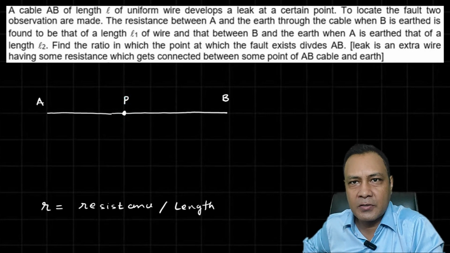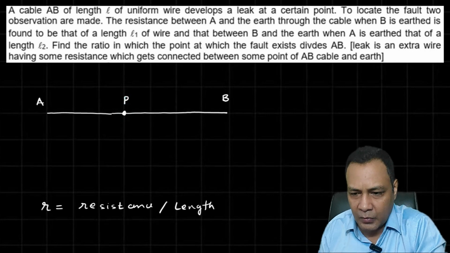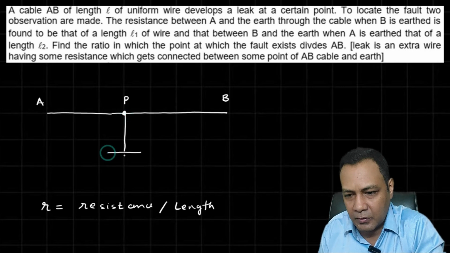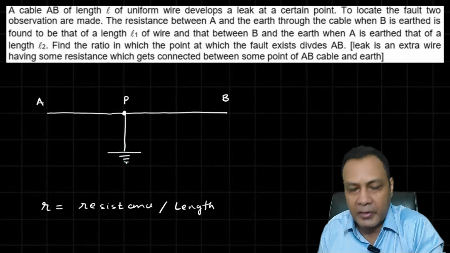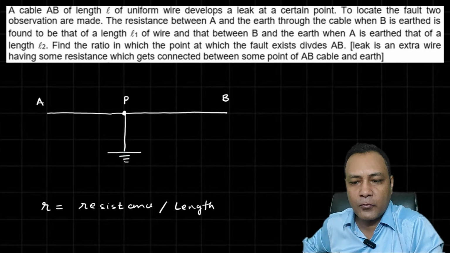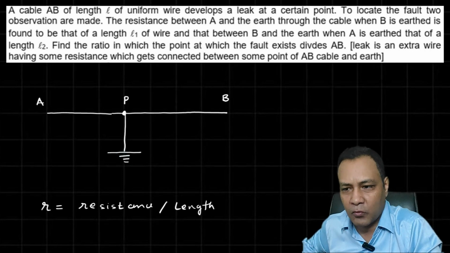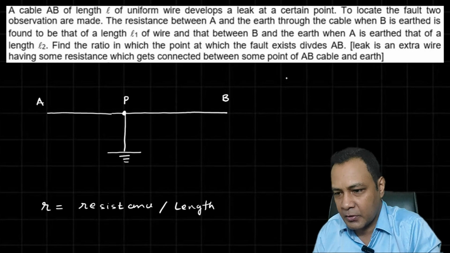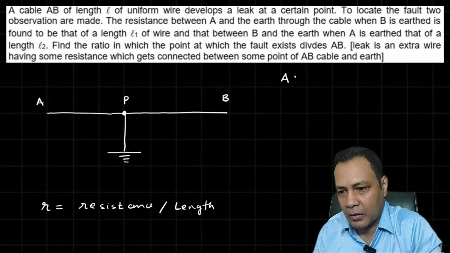Fault is a resistance from that point to the ground. So there is some resistance from this point to the ground. Ground is written like this symbol. We have to tell at what ratio this fault point divides the wire AB. So we basically have to find AP by PB.